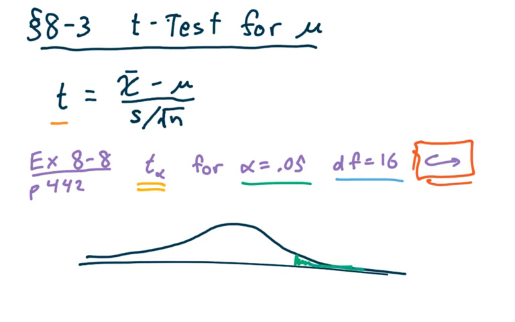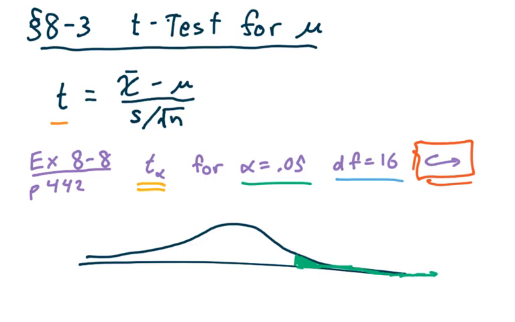Remember, the curve doesn't touch the horizontal x-axis, so it extends infinitely in the positive direction. But that area is essentially what the table in the book is going to tell us.